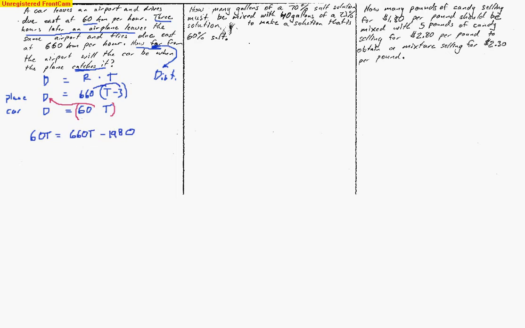And then we can do some opposite operations to isolate the variable. So I'll subtract that 660t from both sides. And then from there, I'll do that subtraction, and I'm left with negative 600t equals negative 1980. And so when you do the division, always remember this trick.